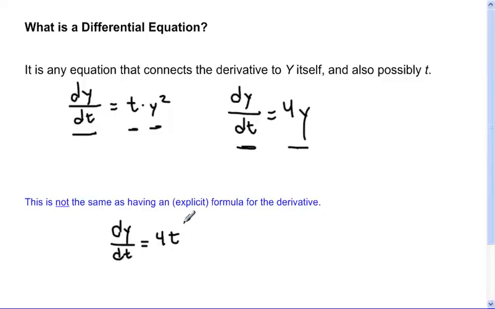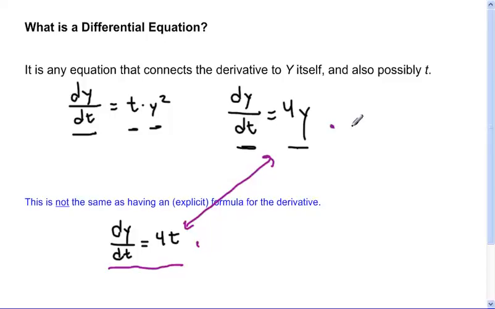I want to really point out that that and that are saying different things. This one's a differential equation. This one is just a formula for the derivative. When I say explicit formula, I mean only involving t. If we had this, we would know what the derivative is at any time. You tell me the time, I'll plug it in here, and we'll know what the derivative is.